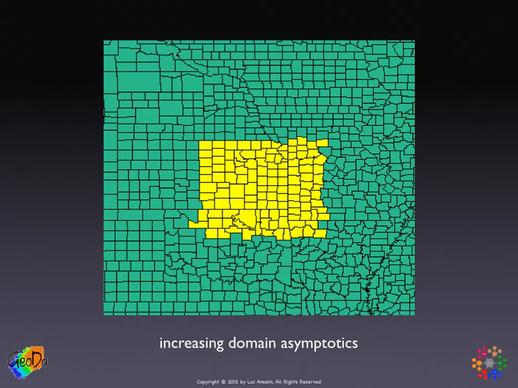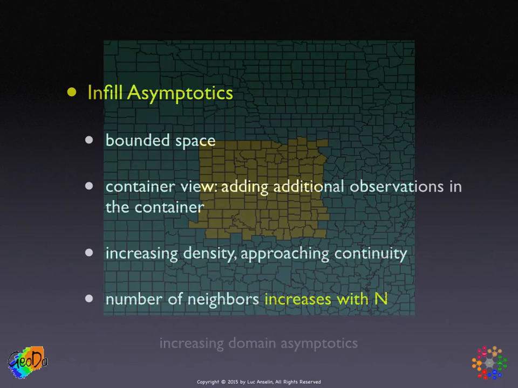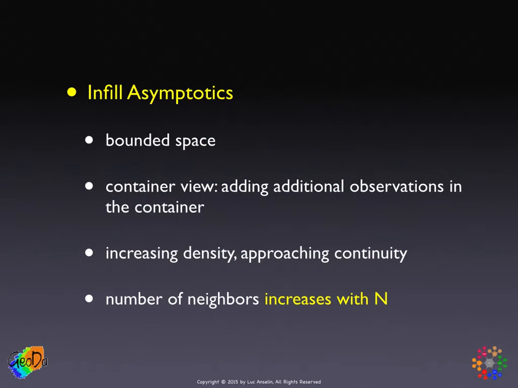In contrast, the notion of infill asymptotics is a notion of bounded space. So the previous notion was about expanding the domain of space, moving to infinity. Infill is a sandbox in which we get more and more sample observations.